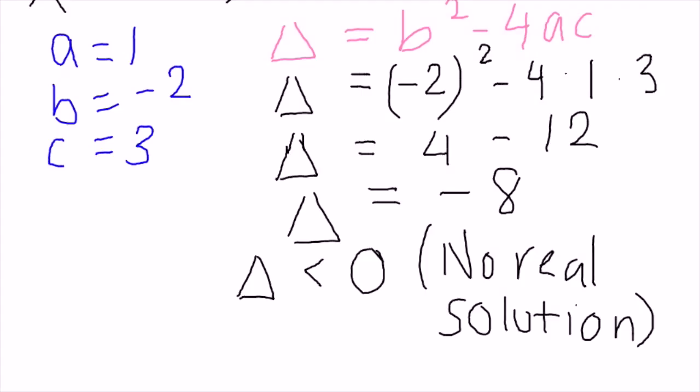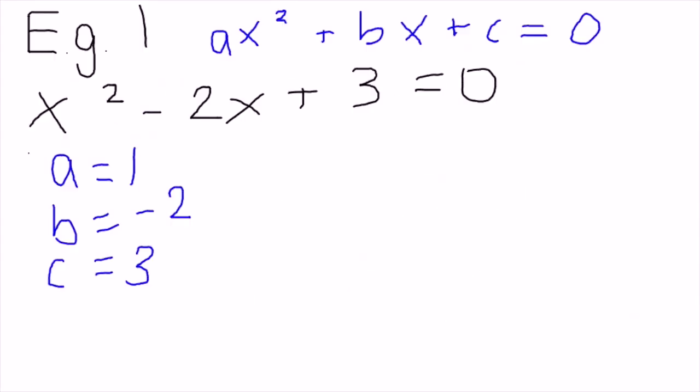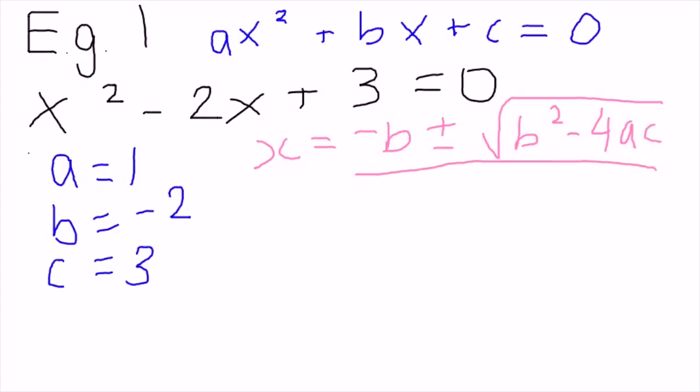This can also be seen when we substitute the values of a, b, and c into the quadratic formula. So if we write down the quadratic formula, it is x is equal to minus b plus minus root b squared minus 4ac over 2a.